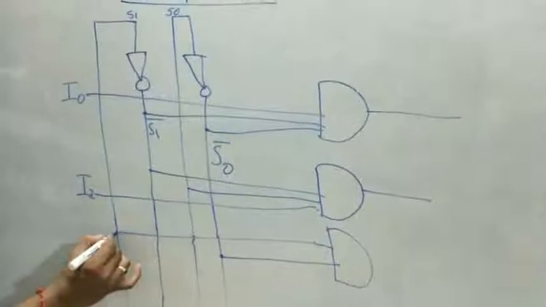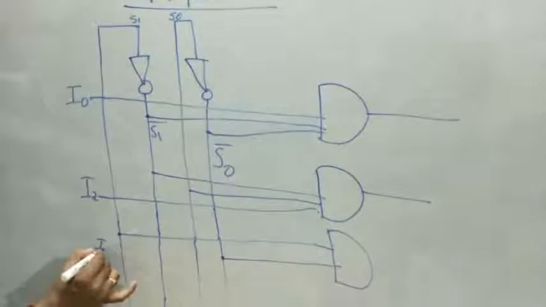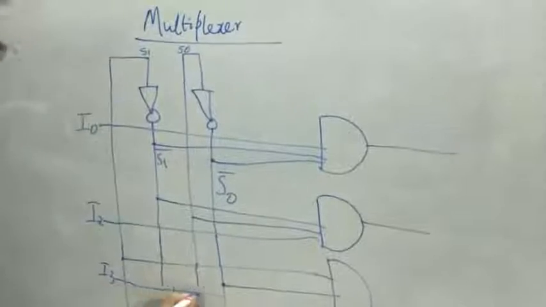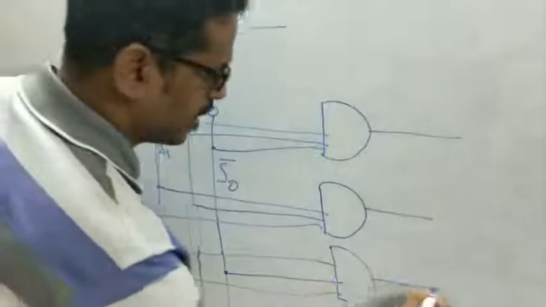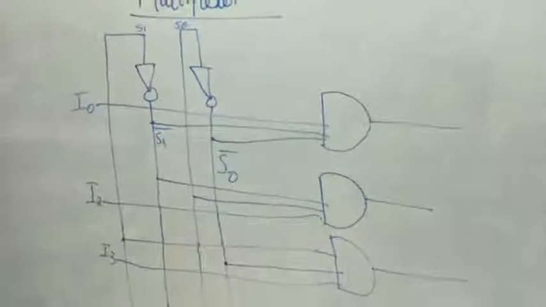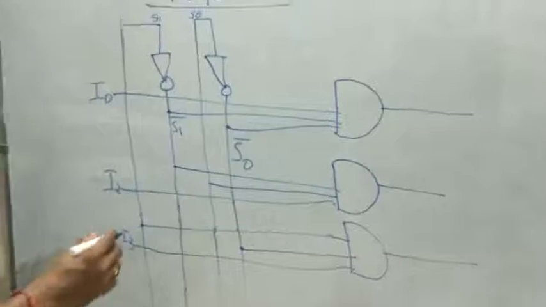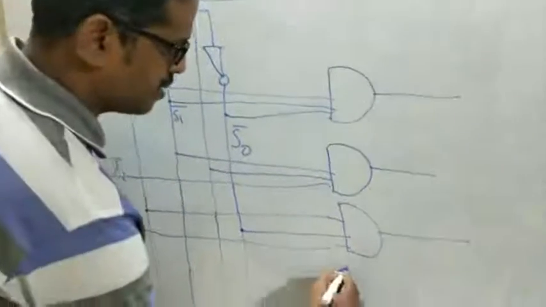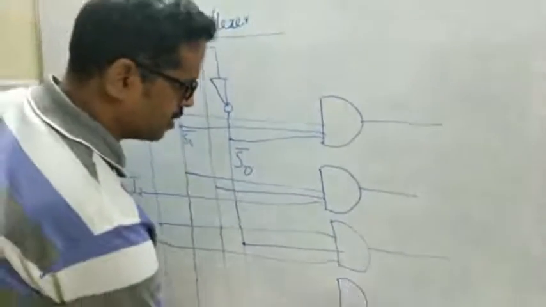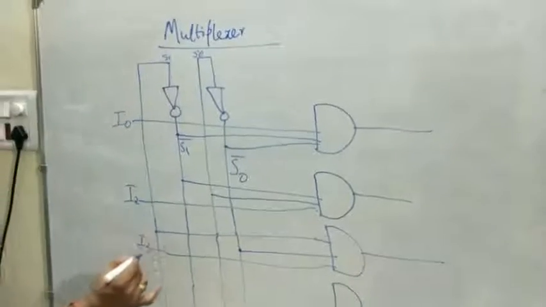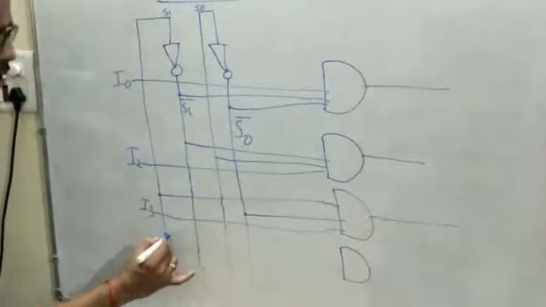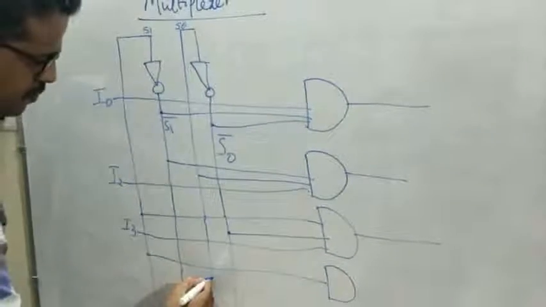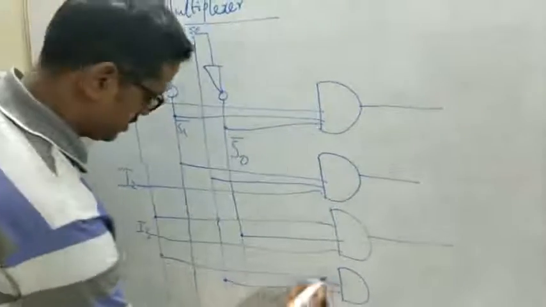Then I2 is combined with this AND gate. Then finally 1 1 means we are going to take S1 and S0 directly, because it represents 1 1.